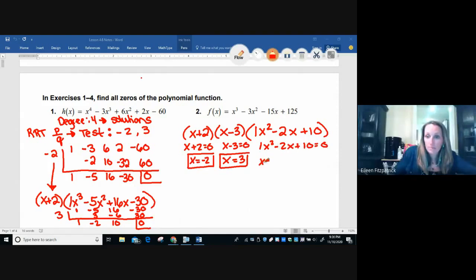So the quadratic formula is that x is equal to -b plus or minus the square root of b squared minus 4ac, all over 2a.